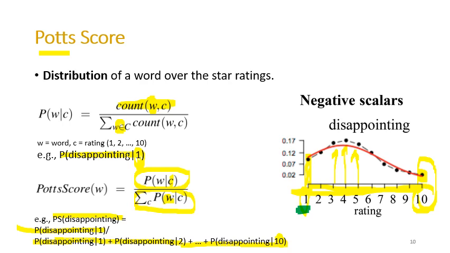So the Potts score shows how likely this word disappointing appears in rating 1 compared to its appearance in all ratings. By doing this computation, we may compute the Potts score for each word corresponding to each rating.